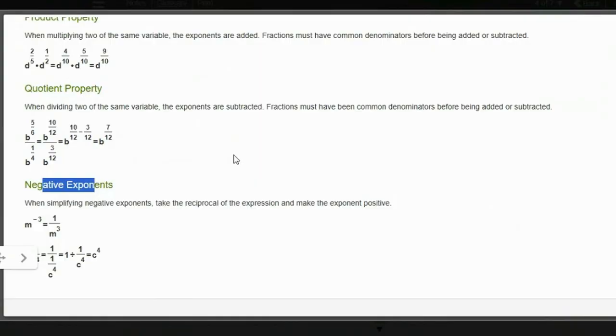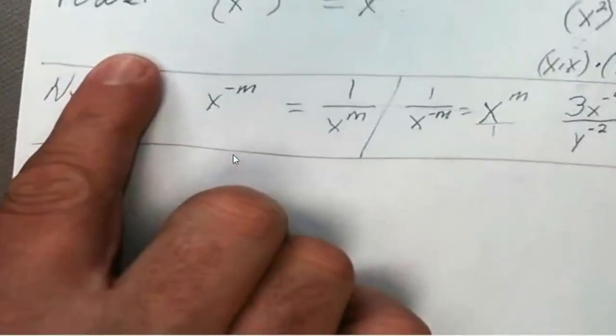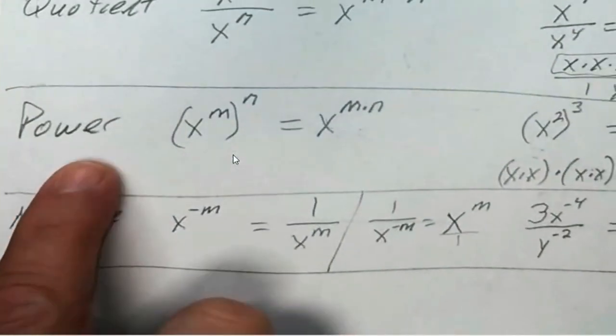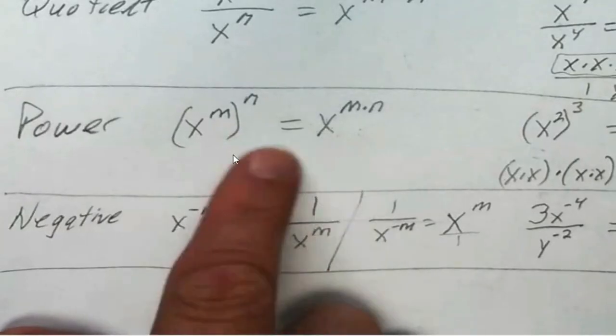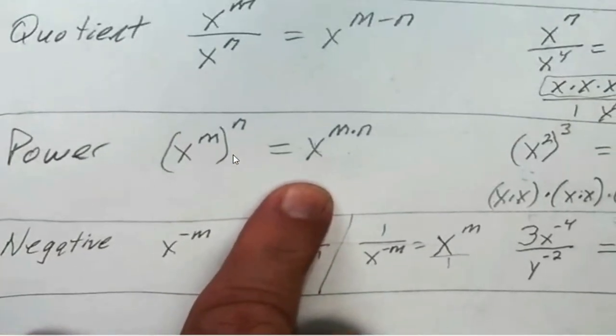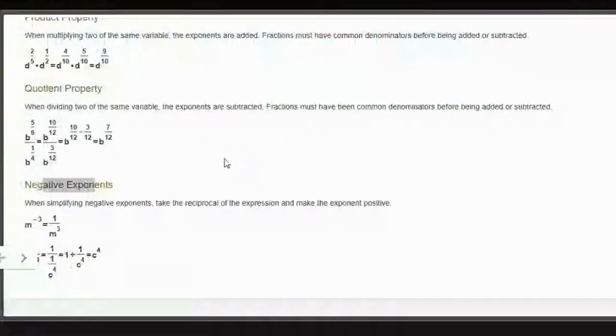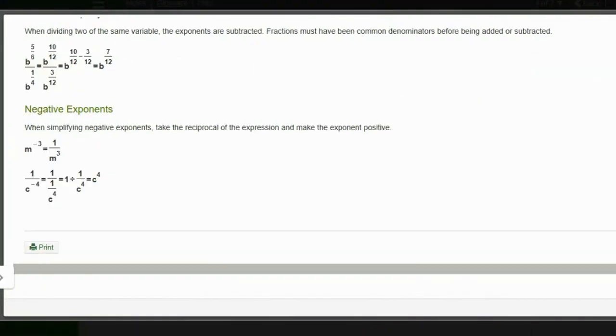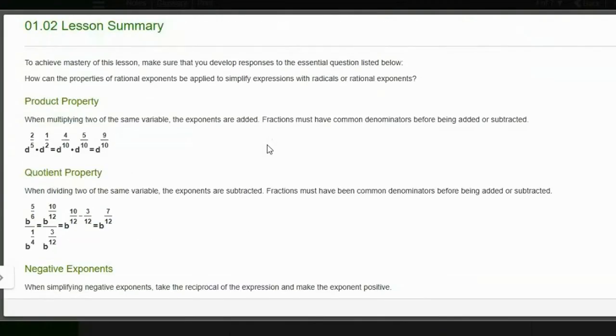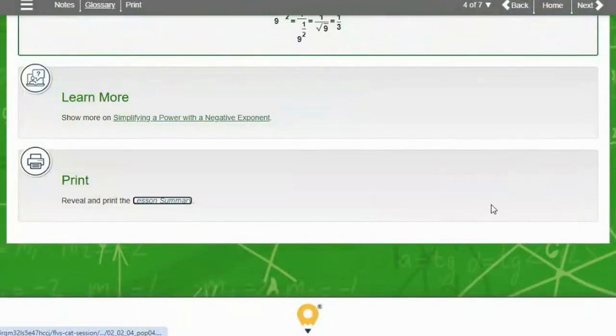They actually did not put the power property in the lesson summary, which they probably should have, because we use that in this lesson, and we'll use that in this unit, being able to raise a power to a power. But they have the other three. They have the product, the quotient, and the negatives. You could print this out if you have a printer and use this page as your notes, but I would certainly add the power property, since they do not have it on the lesson summary.